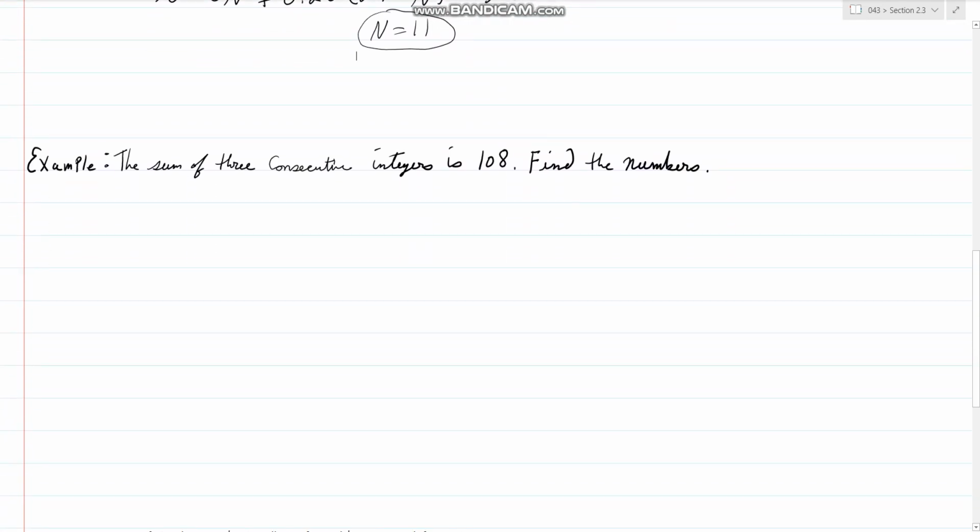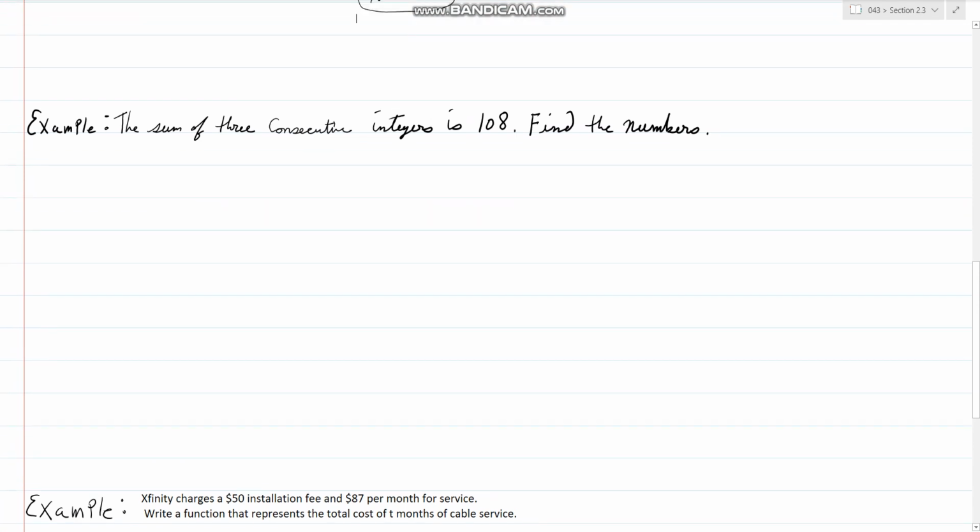Okay, moving on to another example: the sum of 3 consecutive integers is 108. We want to find those numbers. Well, they're consecutive, so they're one after another. That's what consecutive means.